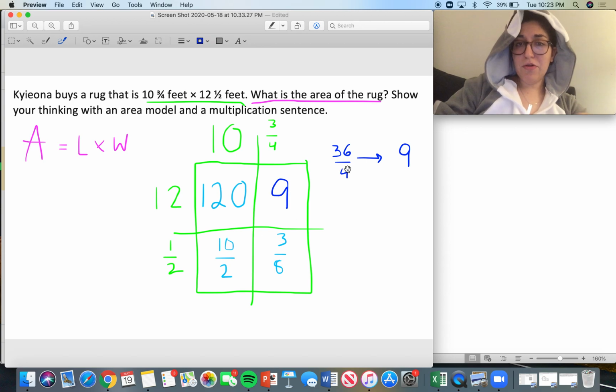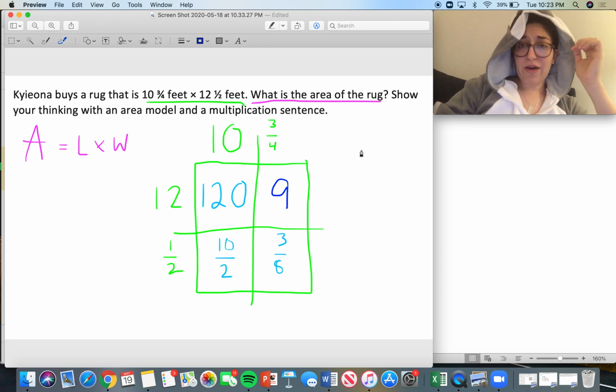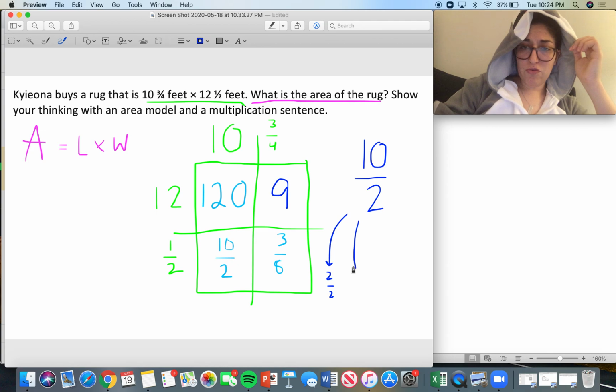And similarly, let's look at that 10 halves, 10 over 2. I'll actually visualize this one with you. 10 over 2 can be 2 over 2 plus 2 over 2 plus 2 over 2 plus 2 over 2 plus 2 over 2.